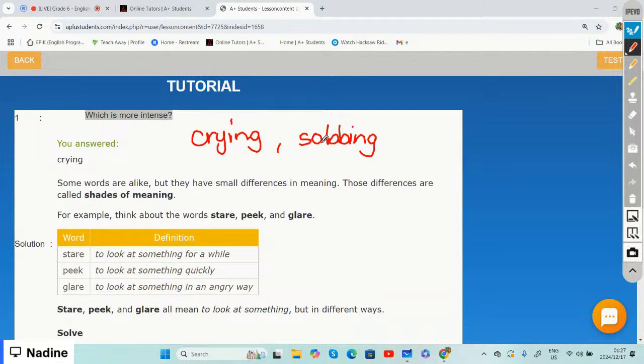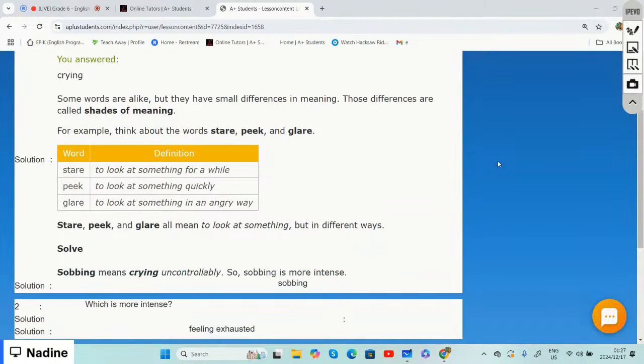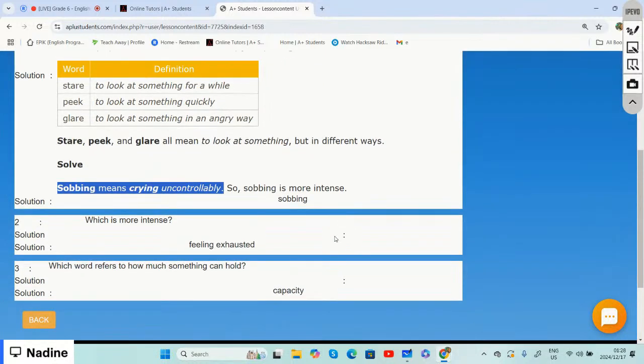Your face is soaking wet. Your eyes are puffy. So sobbing, we would say, is more intense than just saying I'm crying. So sobbing, we would say it's where you're crying uncontrollably. It's like you're crying yourself to sleep. That is sobbing. So it is more intense than just crying.